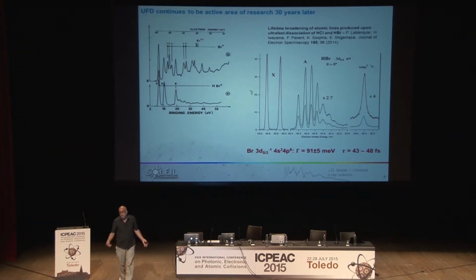With high-resolution spectroscopy at modern synchrotron sources, they can access the natural line width of this, and they came up with a line width of 91 plus or minus 5 meV, which corresponds to 43 to 48 femtoseconds. It's a very good measurement of the lifetime. It would be something that would be difficult to do with a laser, very easy to do in this case for this particular, you're going to have to imagine I'm pointing at it, state.